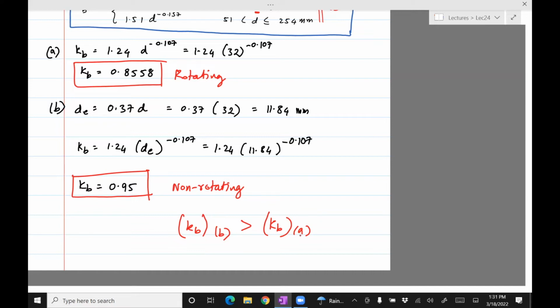So clearly, if you rotate, it probably adds more cycles, or it's related to more fluctuations than non-rotating. So non-rotating would be stronger than rotating.